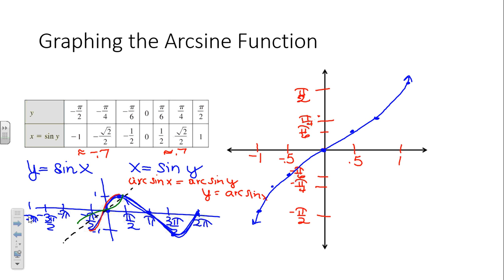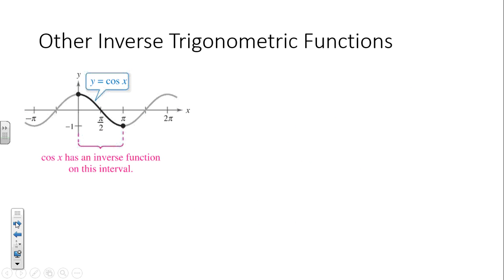Okay. So our next slide says we have other inverse trig functions. One of them is the cosine. The arc cosine says, guess what? We can't restrict this guy from negative pi over 2 to pi over 2 like we did with sine, because then it wouldn't pass the horizontal line test, right?